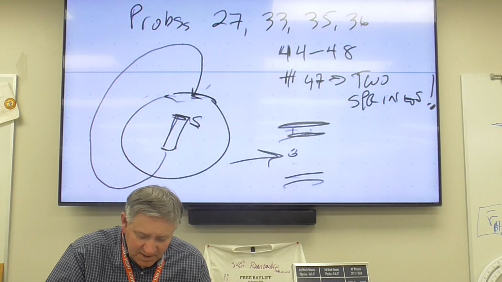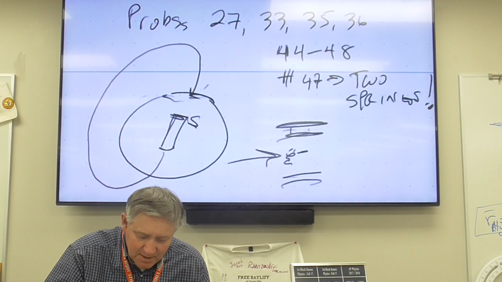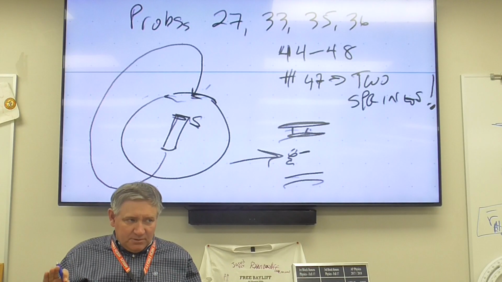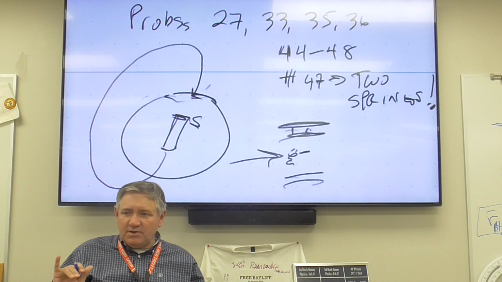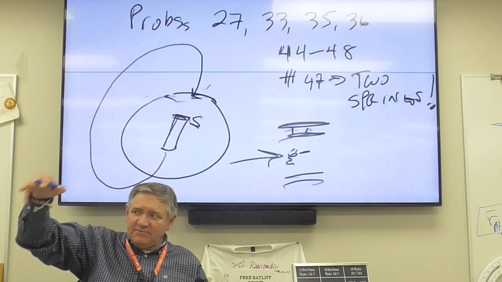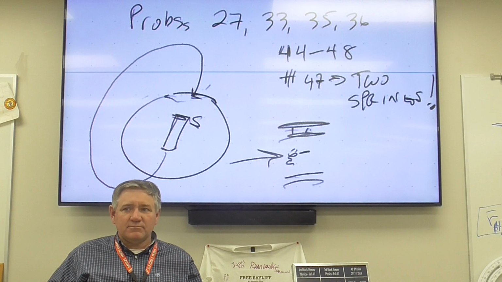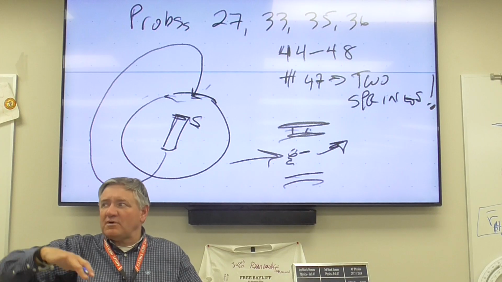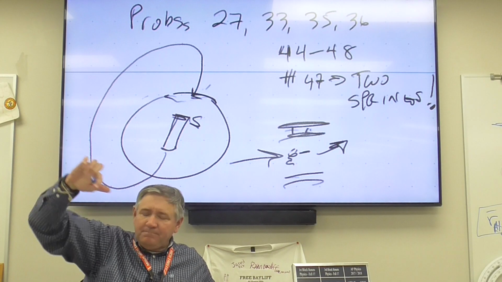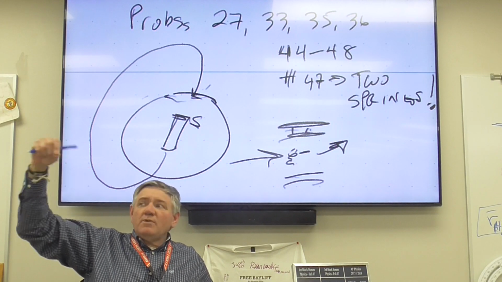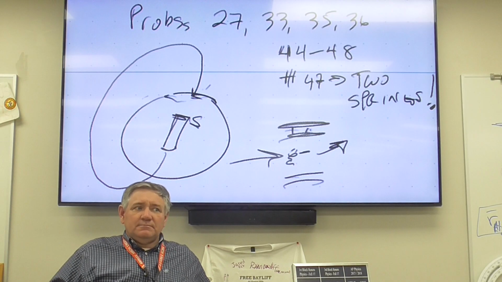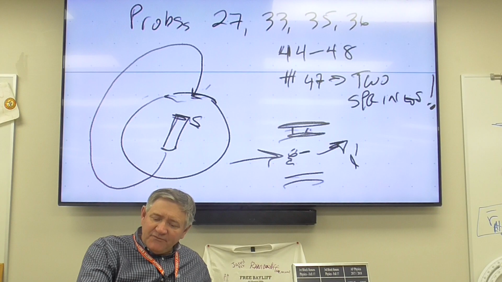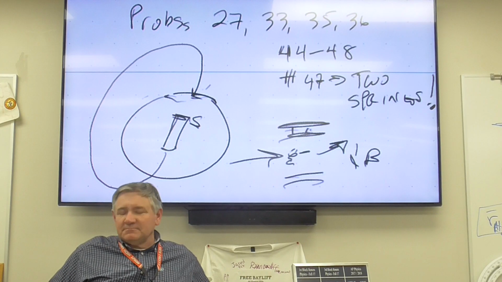Here's the electron going through this. Which direction, just based upon the electric field, is the electron going to move? Up towards the positive, down towards the negative? Up towards the positive. So the electric force is going to be pointing up. What's the only way you can balance that? Have a magnetic force going down.